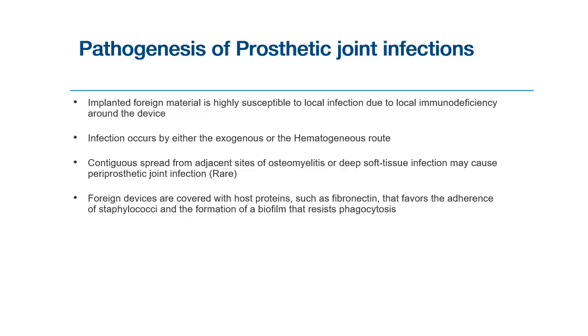Rarely, the joint may be infected secondary to a contiguous deep soft tissue or bone infection. Foreign devices are usually covered with host proteins like fibronectin that favor bacterial adherence and thus promote the possibility of infection.